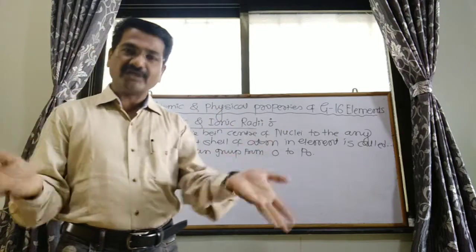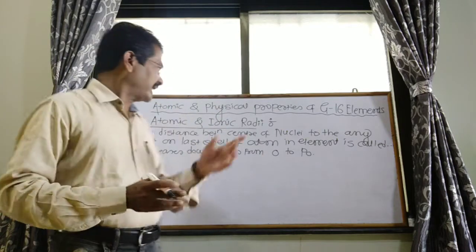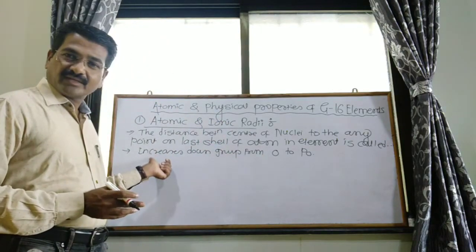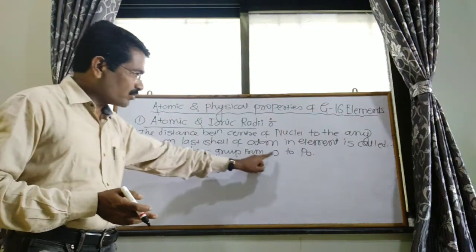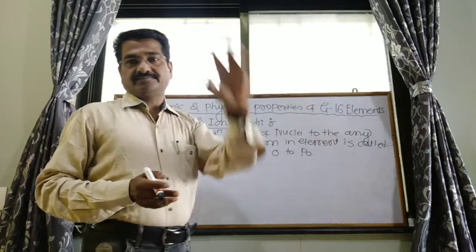Atomic and ionic radii of G16 elements increase down the group from oxygen to polonium.